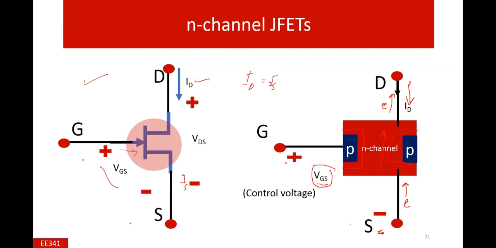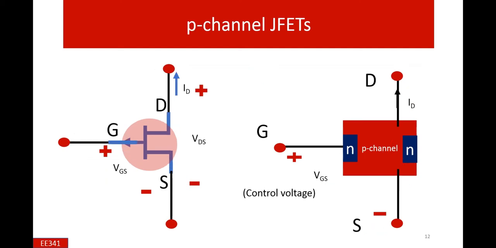This is the N channel JFET. The P channel JFET is in the reverse direction, just the reverse convention of the N channel JFET. This is the drain terminal, this is the gate terminal, this is the source terminal, and VGS is the control voltage.